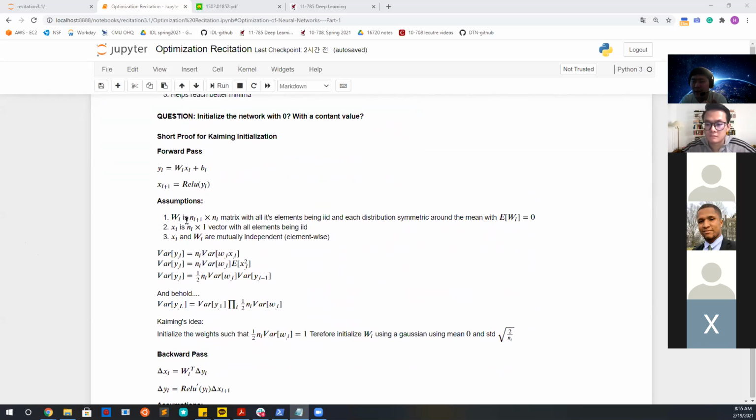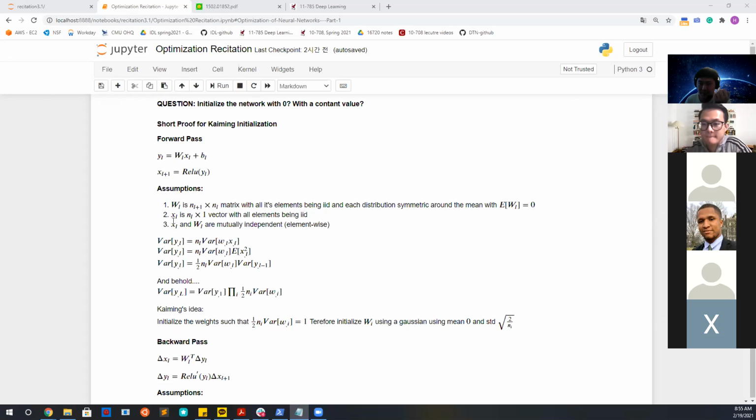If you look through the PyTorch documentation, you can find that the default initialization of network parameters when you define a model, like an MLP, is Kaiming. That shows you that Kaiming is working pretty well.